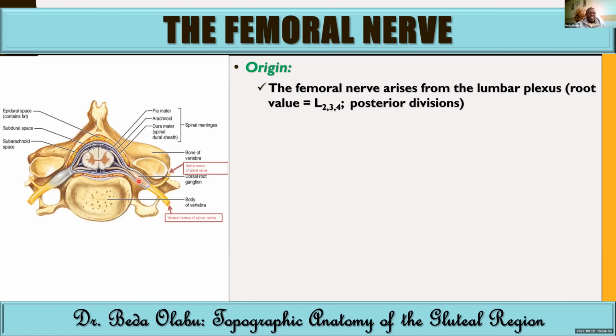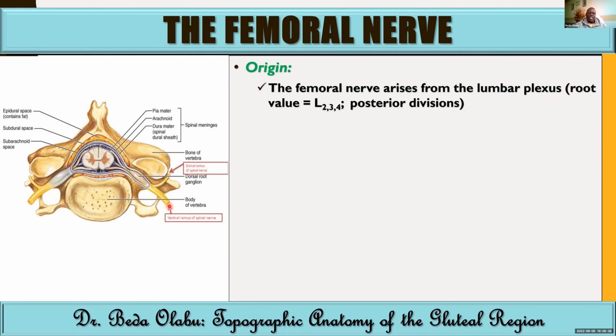And so a spinal nerve is a mixed nerve having both motor and sensory functions. This spinal nerve divides into two, and those two are called the rami. Ramus means branch: the dorsal ramus and the ventral ramus. Both are still mixed with sensory and motor components.